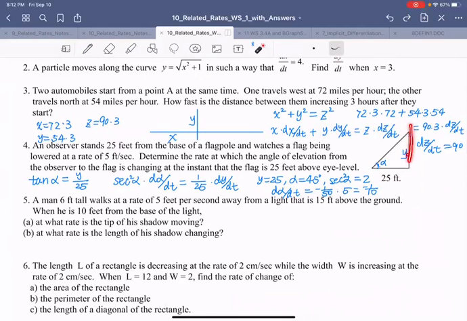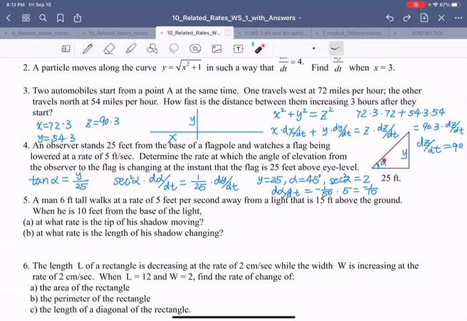So this flag is going down. This distance won't change. dy over dt is changing. dy over dt is at a rate of 5 feet per second. They ask you this angle. So you have tangent alpha equals y over 25.